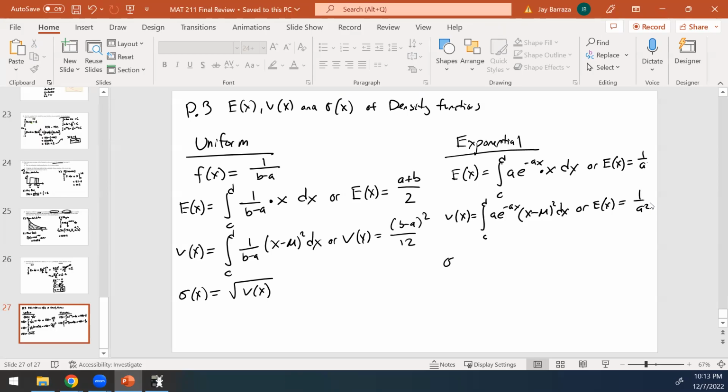Then the standard deviation is just the square root of the variance, which is actually equal to E of x. Turns out they're the same thing.